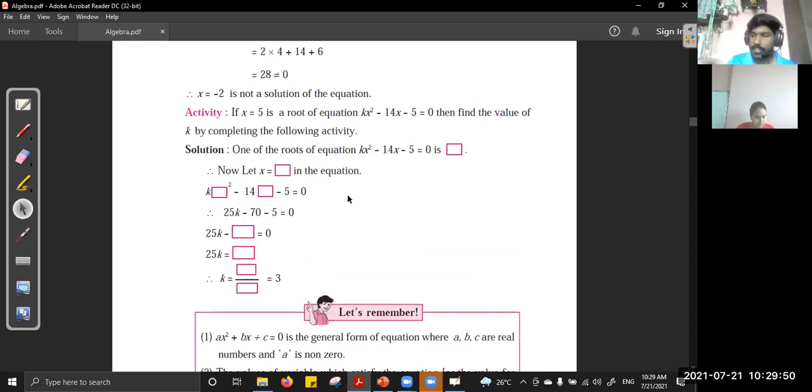We'll do the activities and then we can go for the next part of this chapter, that's after the formula method. The next part is also based on the formula method only. So we'll do the activities now and then we'll go for the formula method.